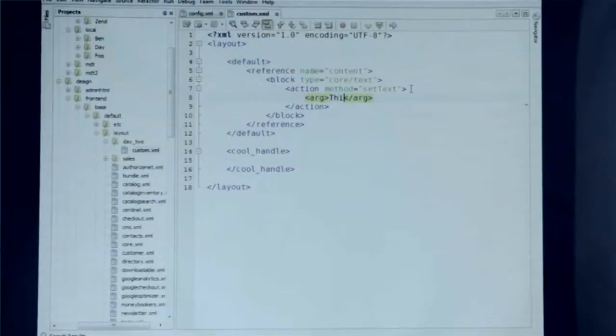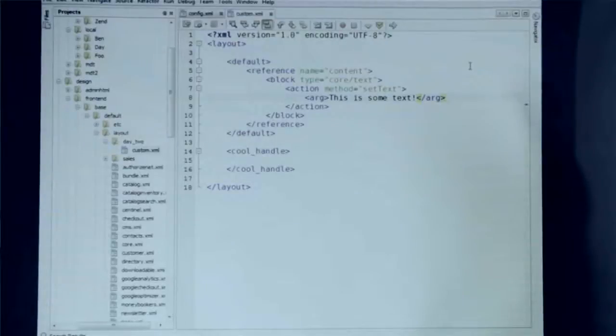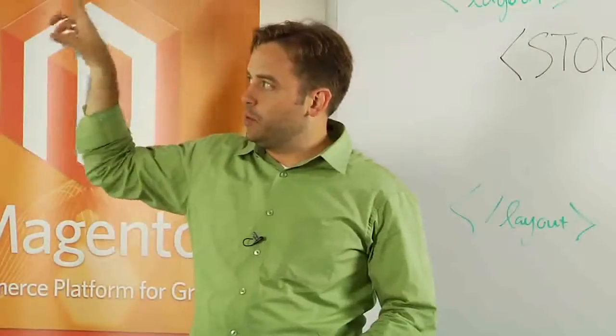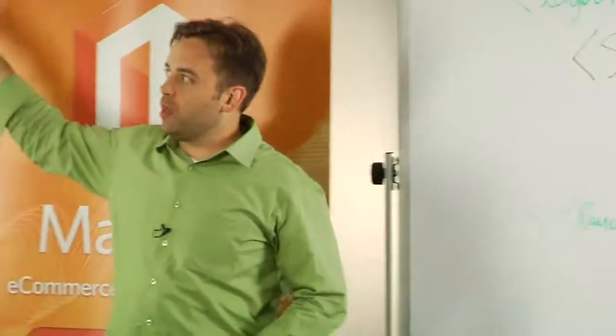So we're referencing the content block, which happens to be defined in another default node. And we're basically saying, take our block instructions and add those to that.